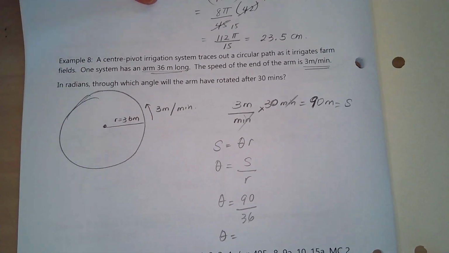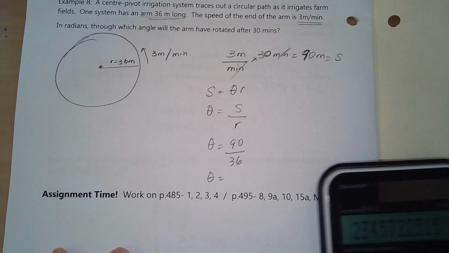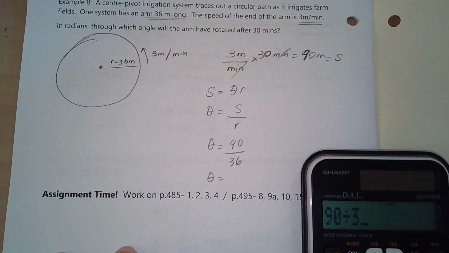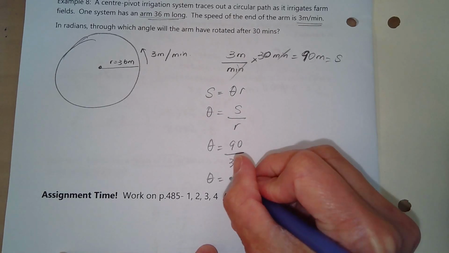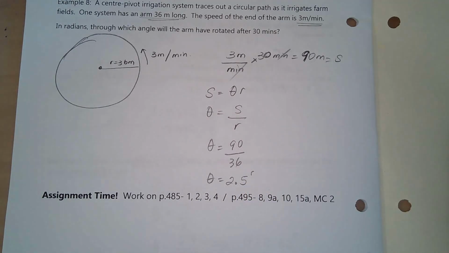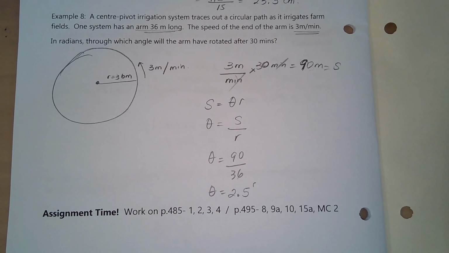So how many radians is that? 2.5? Okay, 2.5, and we already said it's going to be radian measurements. Okay, that concludes that.